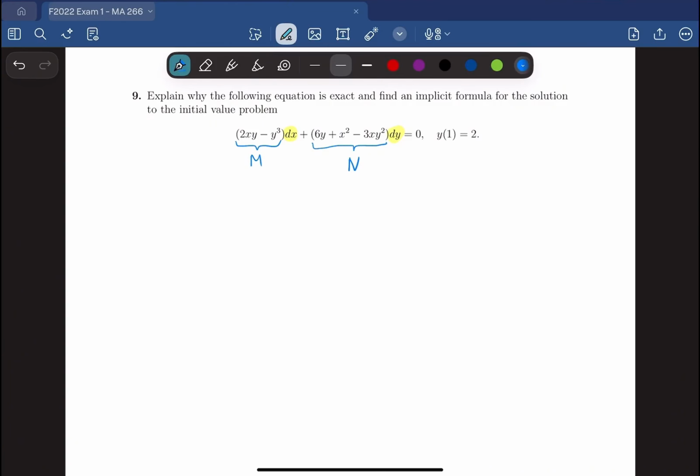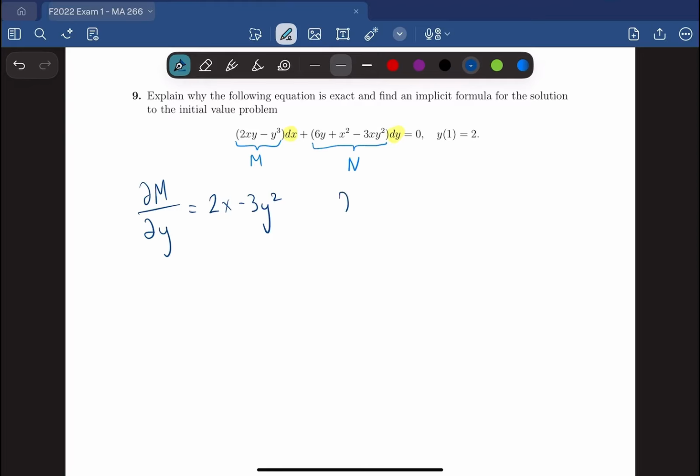And so first we're going to find our partials, so dM/dy, and obviously we're going to treat x as a constant, so we're going to get 2x minus 3y squared.